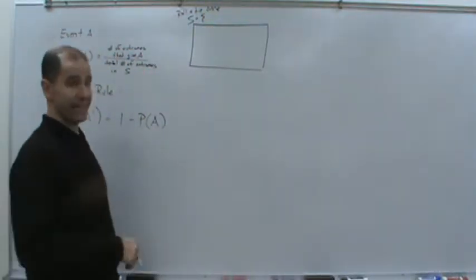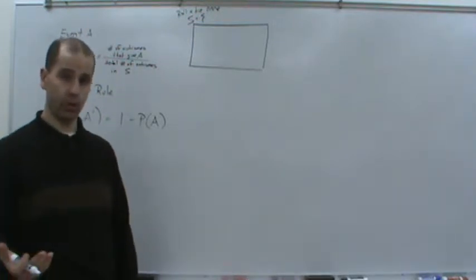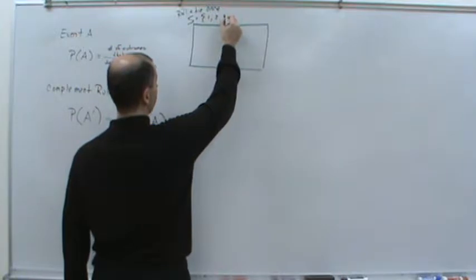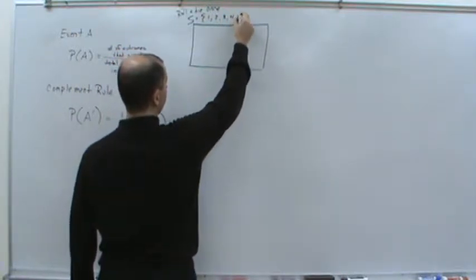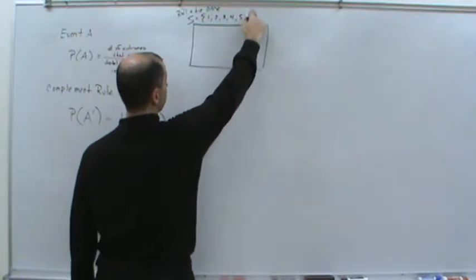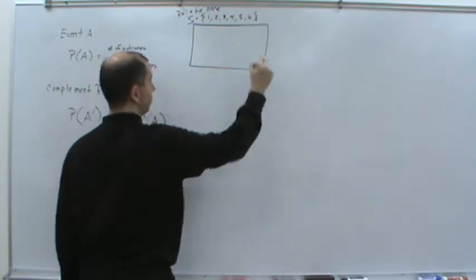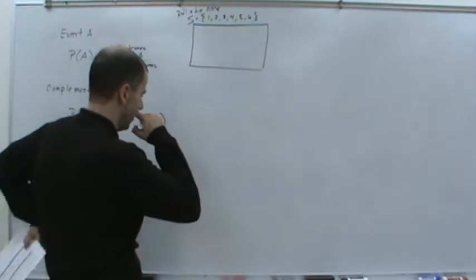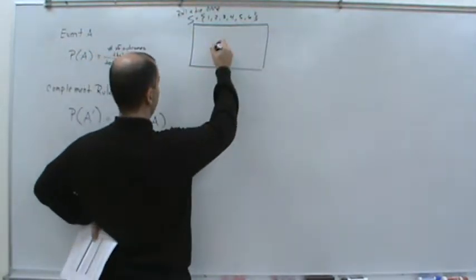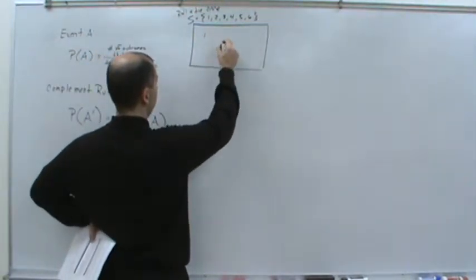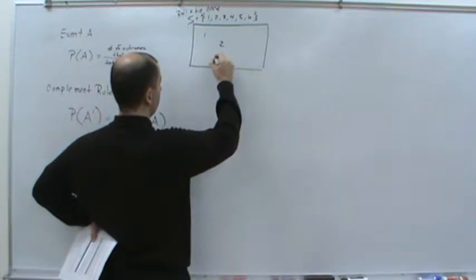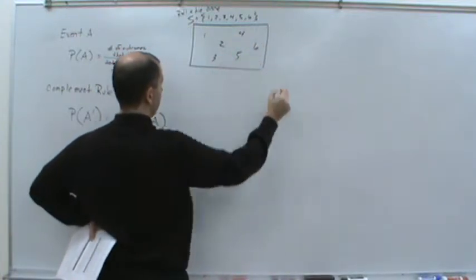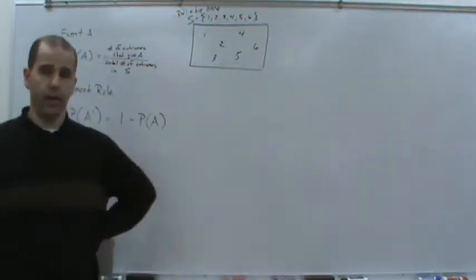And so what are the possible outcomes for one roll of a die? Well, I could get 1, 2, 3, 4, 5, or 6, right? So let's say my sample space is 1, 2, 3, 4, 5, and 6.